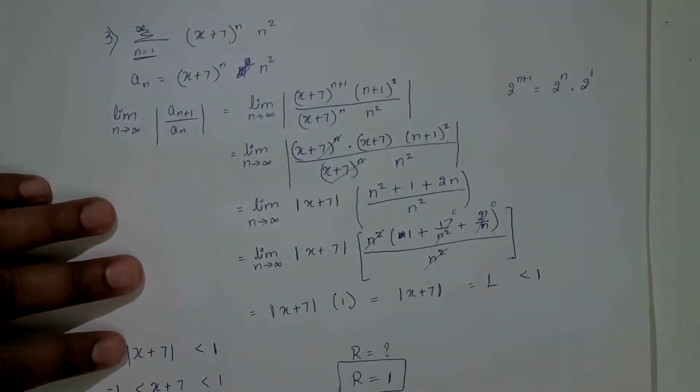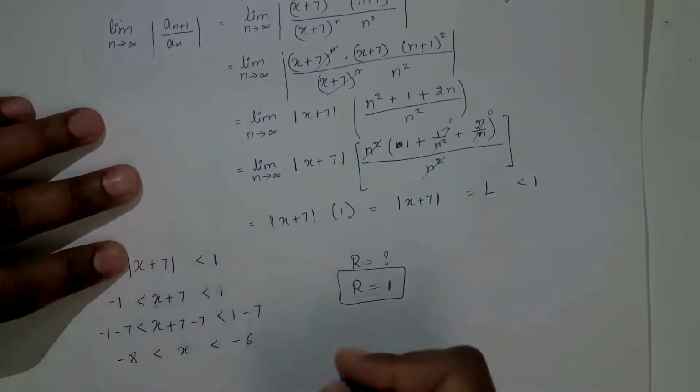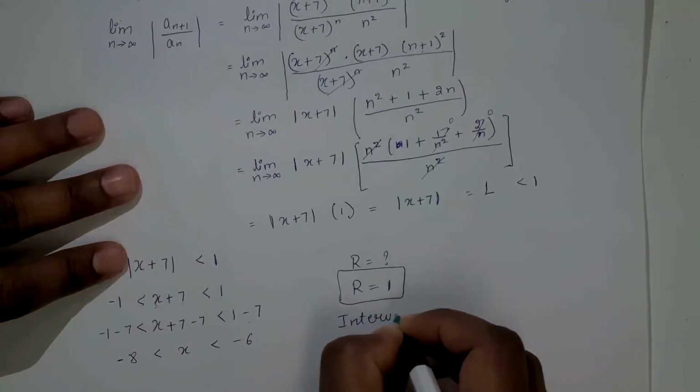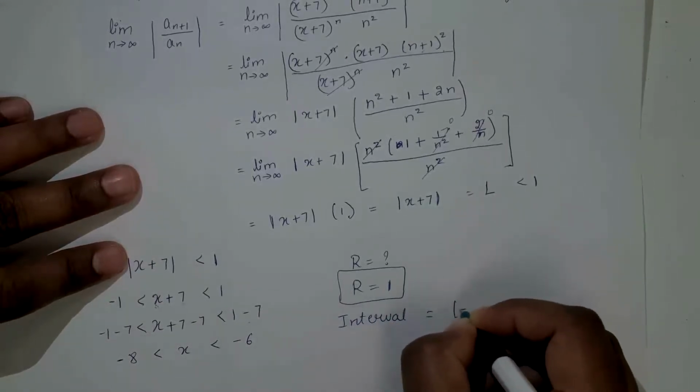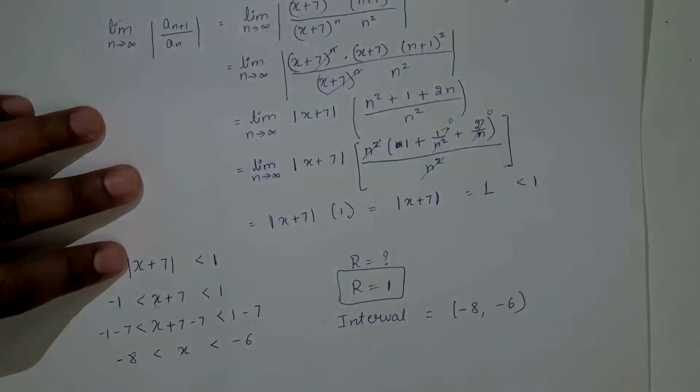Irrespective of the sign, the radius is always positive. So r equals 1. And what is the interval of convergence? The interval of convergence will be negative 8 to negative 6. That's how you need to find out the radius and the interval.